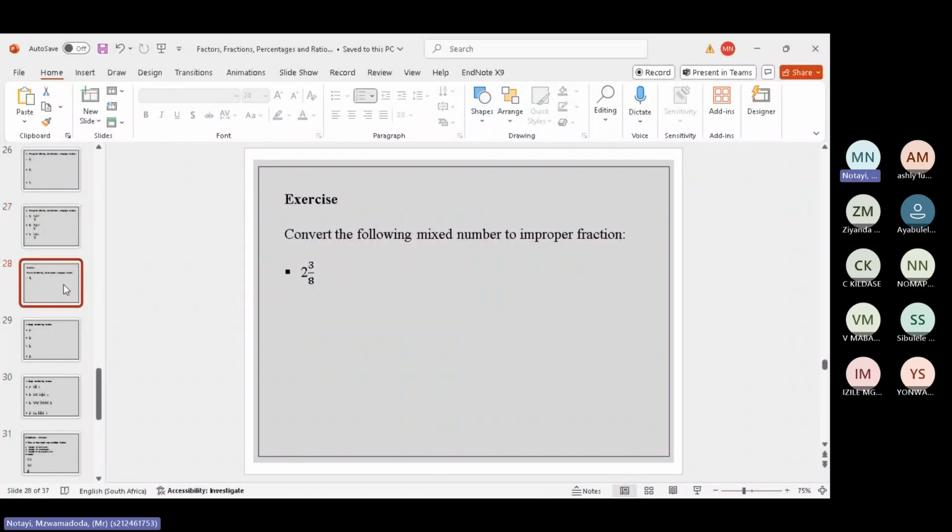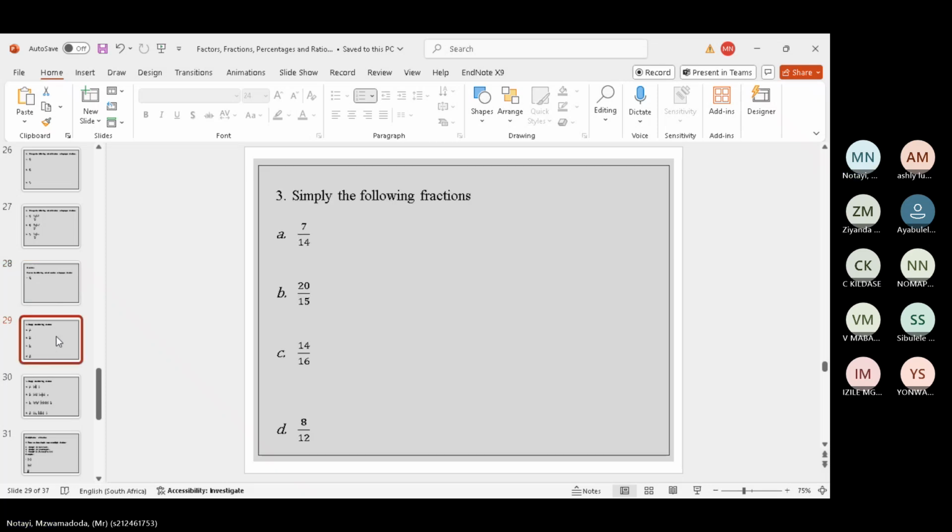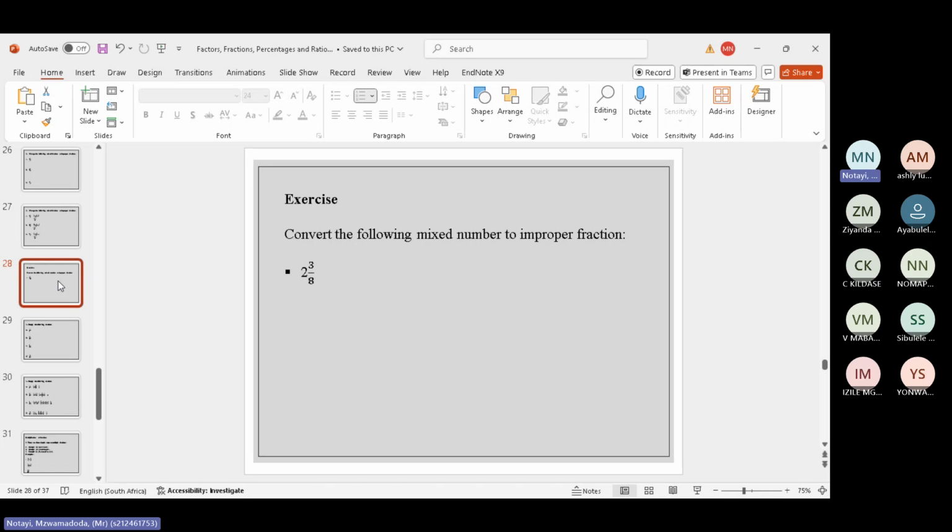So the exercise: convert the mixed fraction to an improper fraction. That is 2 and 3 over 8. Can you convert that into an improper fraction? Okay, let's start there. Convert that mixed fraction into an improper fraction.